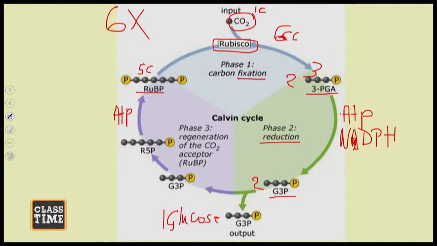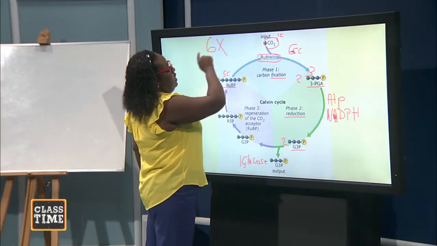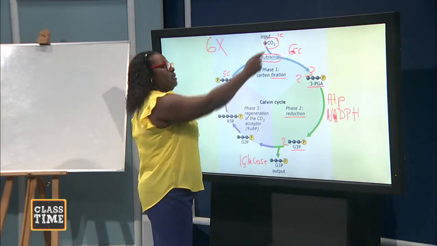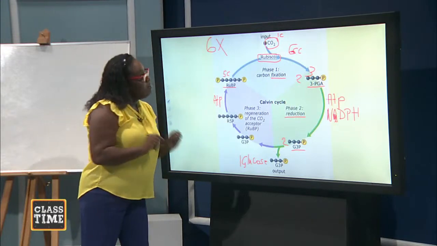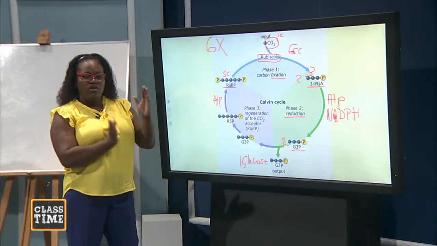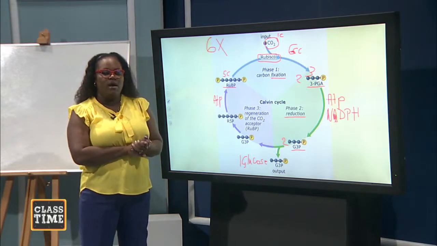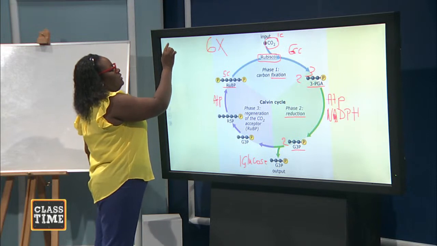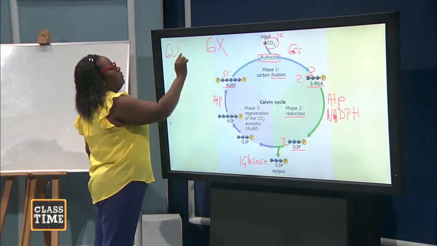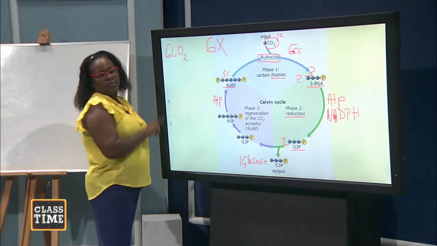times where each time it goes 6 times, one glucose molecule is made. Because, as you can see, if this cycle goes through 6 times, 6 carbon dioxides will be used up. And if you remember clearly from the original photosynthesis equation, you would have noticed that it starts out with 6 CO2, right?